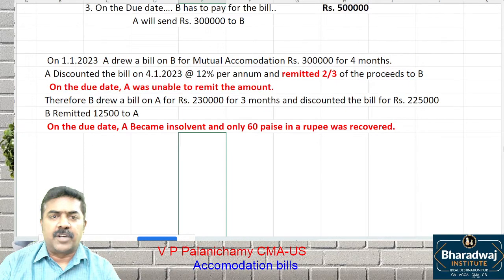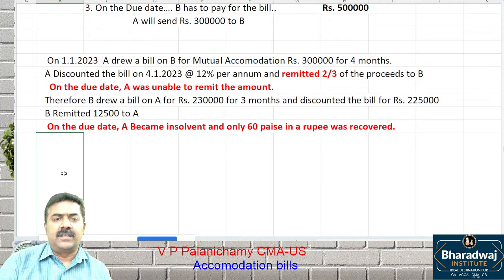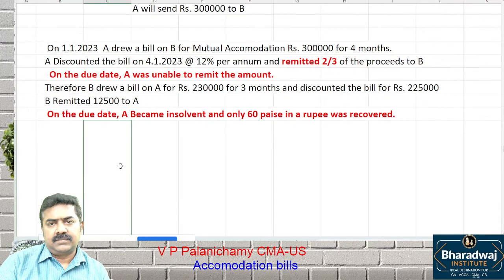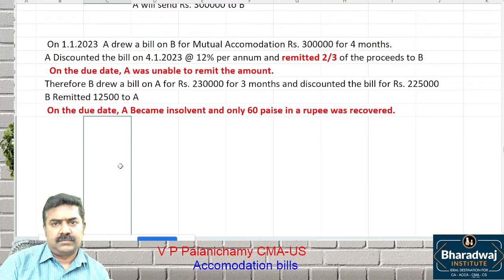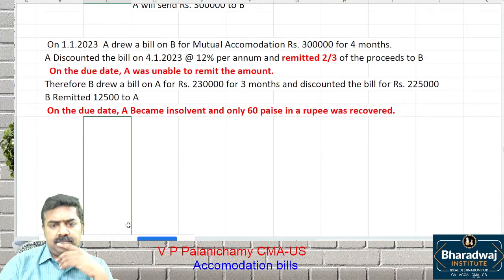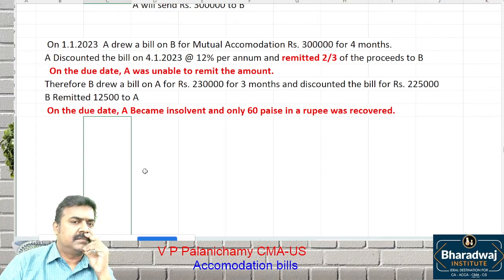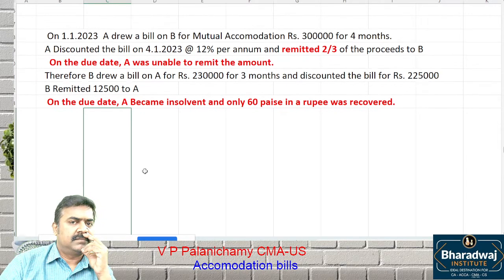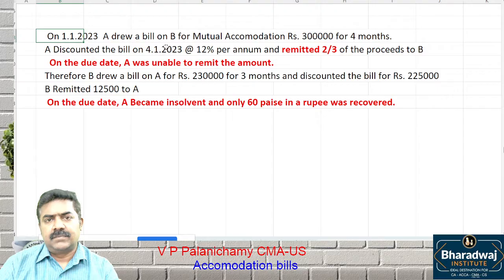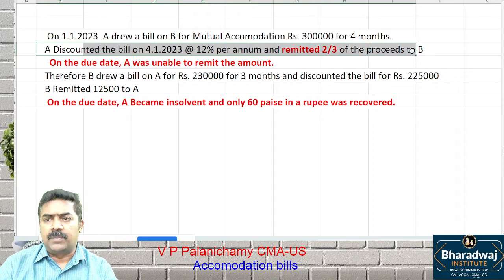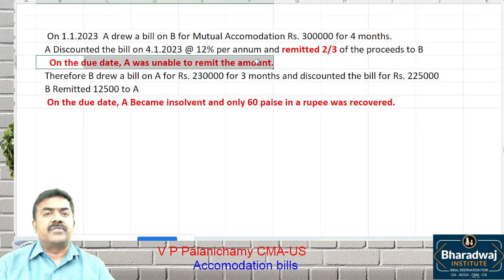Please copy this question. This will not be there in your material. The first bill was drawn by A on B, and A discounted the bill and sent two-thirds to B. On the due date, you should have sent the balance one-third.